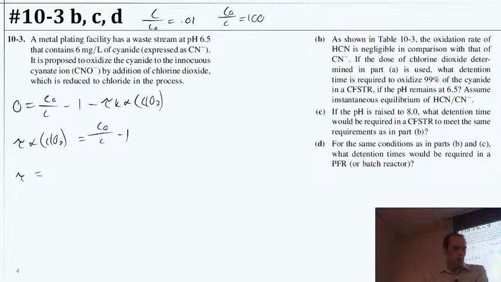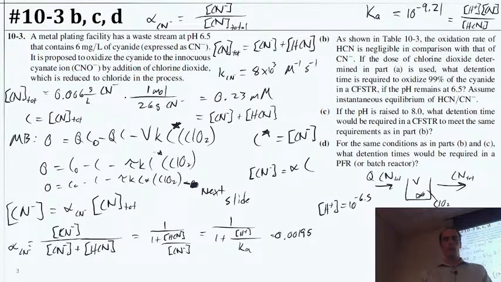And let's see. I think actually I'm second guessing myself right now or the book. I'm not sure which. The rate constant here, I'm not sure if this was calculated with milligrams per liter of chlorine dioxide or if this is moles per liter.